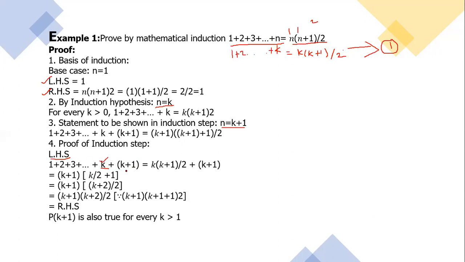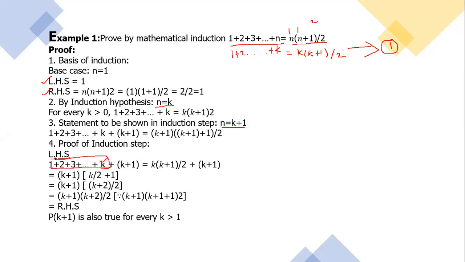So just mark it like this. The meaning of 1 plus 2 plus 3 plus etc. plus k plus 1 is that the k plus 1th step is the last step, so the previous step should be k. So I mention it here, and I replace this value 1 plus 2 plus 3 plus etc. plus k.